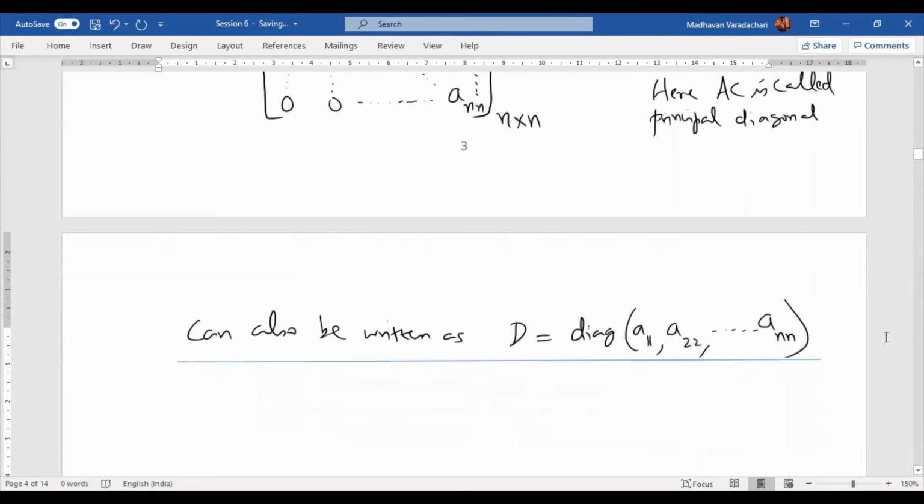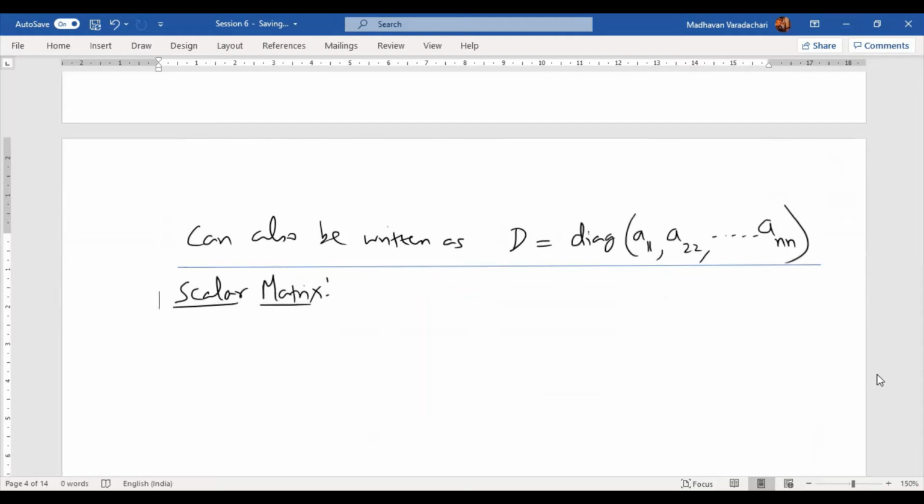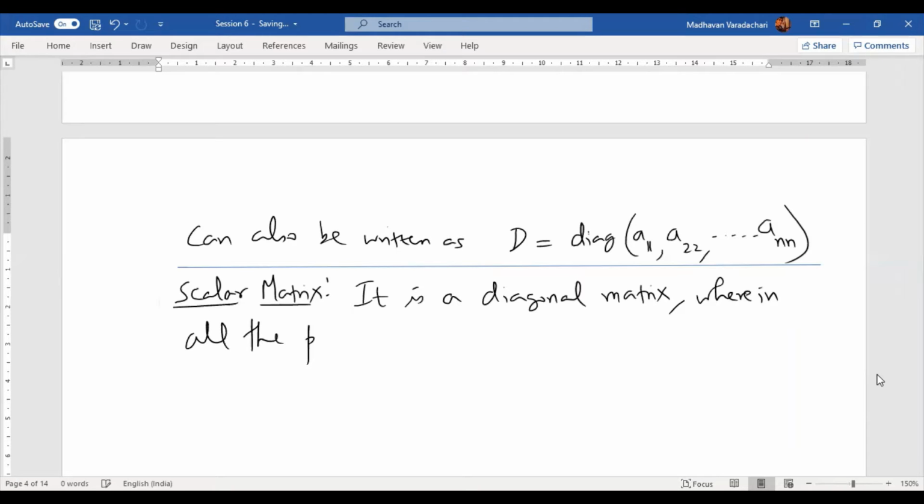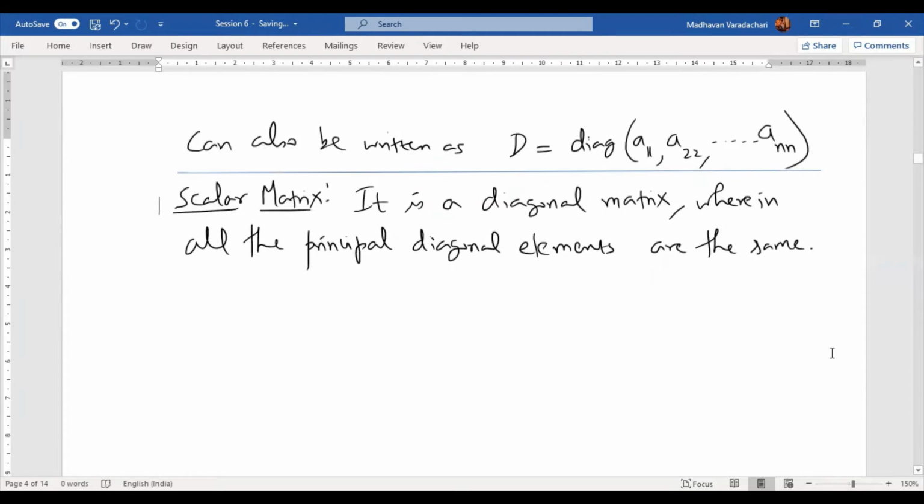Now, the next one is scalar matrix. It is a diagonal matrix wherein all the principal diagonal elements are the same. Let me give an example.